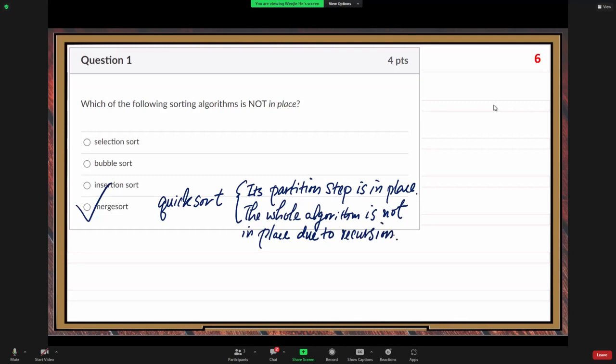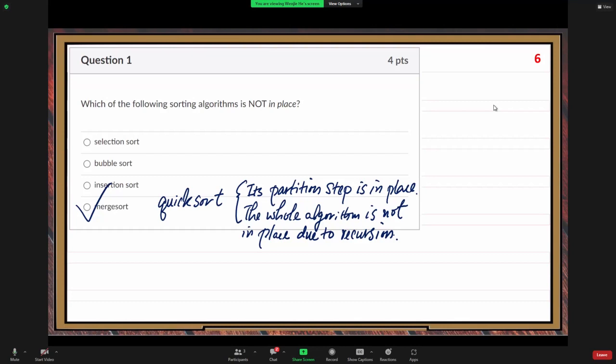Recursion, we need to maintain a deep stack, right? Yeah. Sometimes the stack could be very deep. Then you cannot say the extra space used is bounded by big O of 1, right? Yeah. Too much space used. So you cannot say it's in place. In place, we won't have that kind of thing.